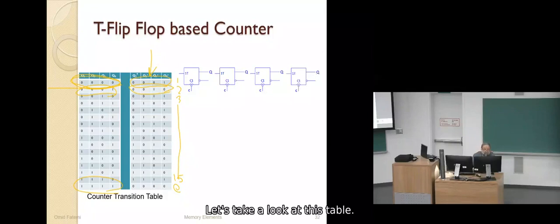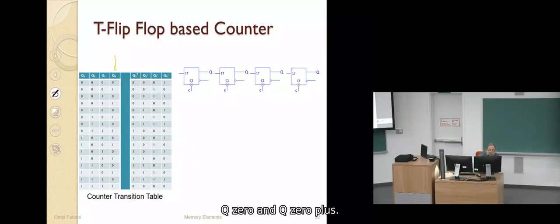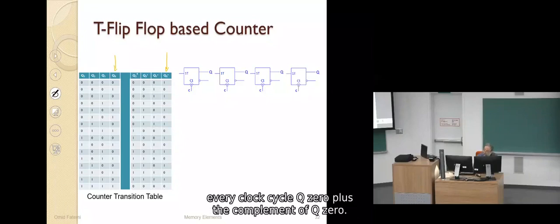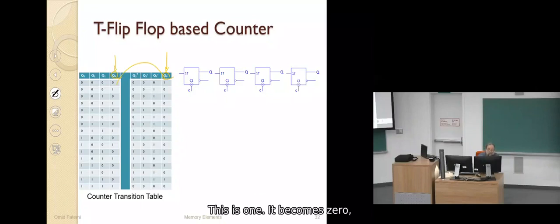Let's take a look at this table. Look at Q0 and Q0 plus, these two columns. With every clock cycle, Q0 plus is the complement of Q0. You see? This is 0, it becomes 1. This is 1, it becomes 0. This is 0, it becomes 1. Okay?